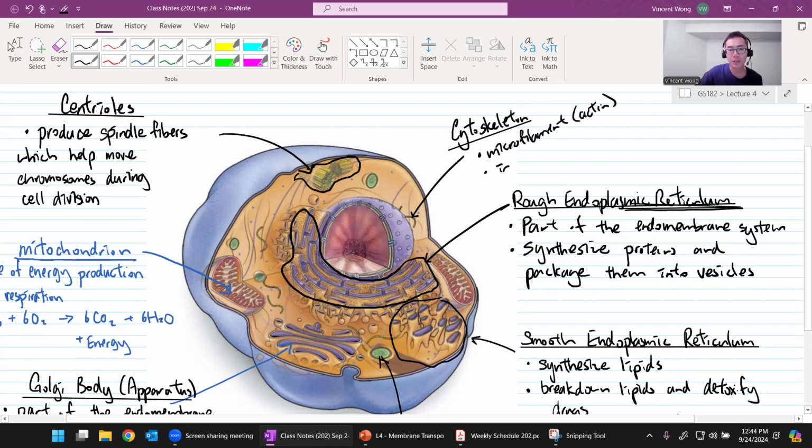We have the intermediate filament. This one helps stabilize the nuclear envelope, for example. And then we also have the microtubules, which form things like the cilia or the flagellum. And in fact, the spindle fibers here are also made up of the microtubules.